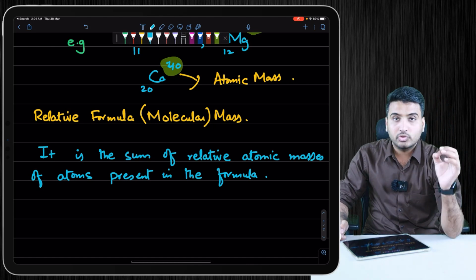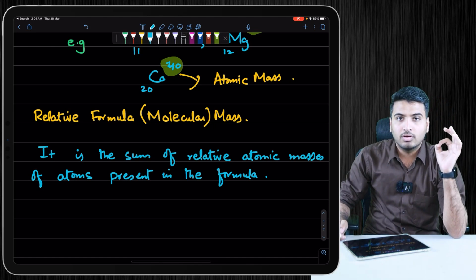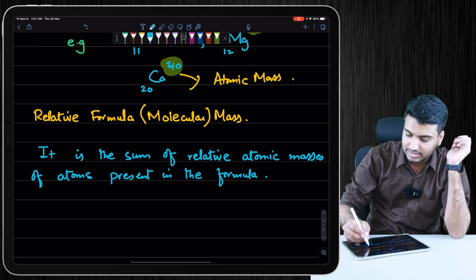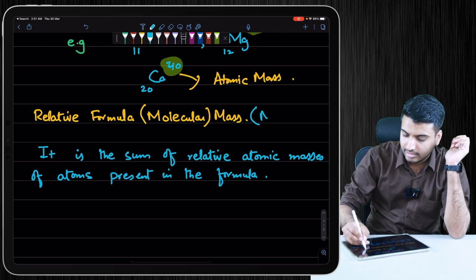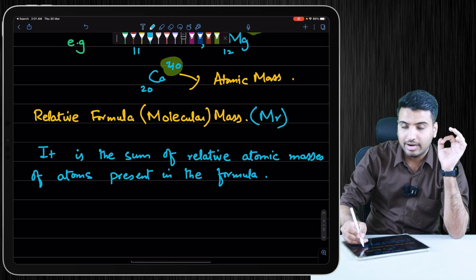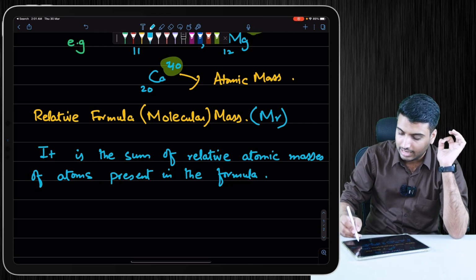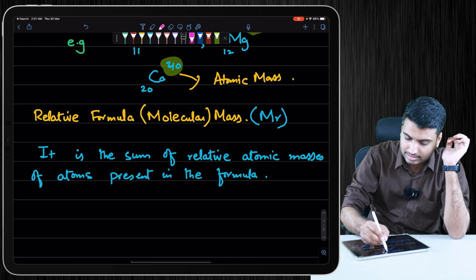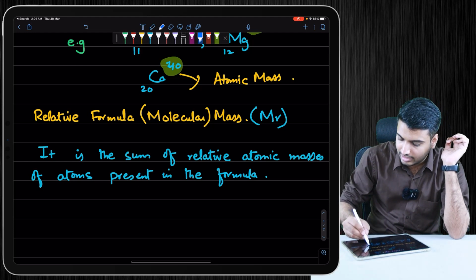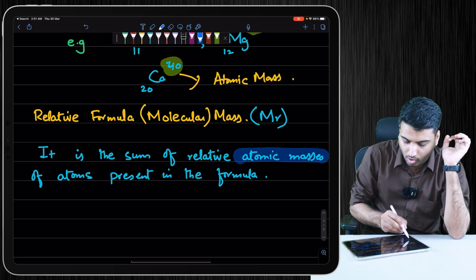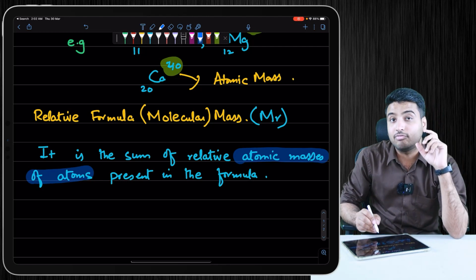Alright, so relative formula mass or molecular mass, which is represented by Mr, capital M and small r, is the sum of relative atomic masses of atoms which are present in the formula.